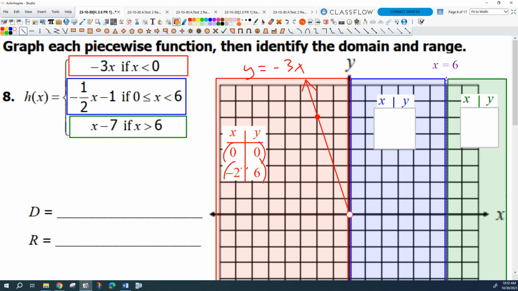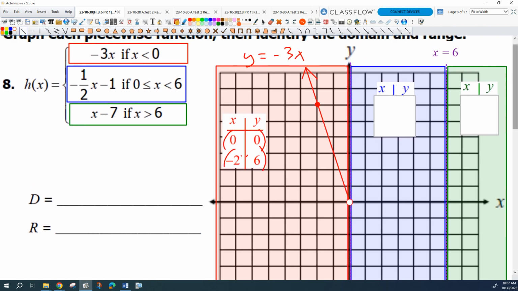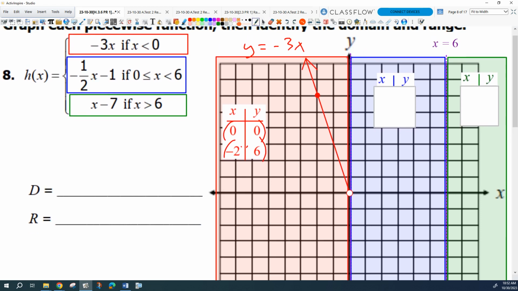Blue piece. What would my 2 points be that I'd want to select here? 0 and 6. If I plug 0 in, and let's go ahead and write down the blue equation. Blue equation would be the line y equals -1/2 x minus 1. If I plug 0 in, what do I get? -1. If I plug 6 in, I get -4. Good. So there's my 2 points. What are the endpoints like here?